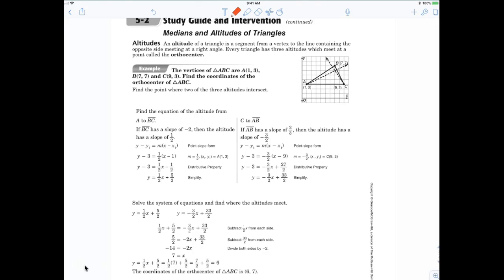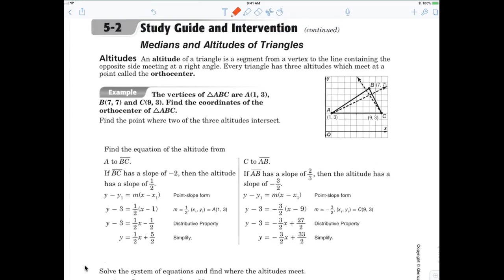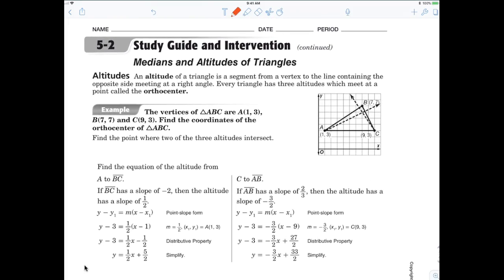Now, here we have what's referred to as an altitude of a triangle, which is the segment from the vertex to the line containing the opposite side, at a right angle. And the altitudes meet at what?